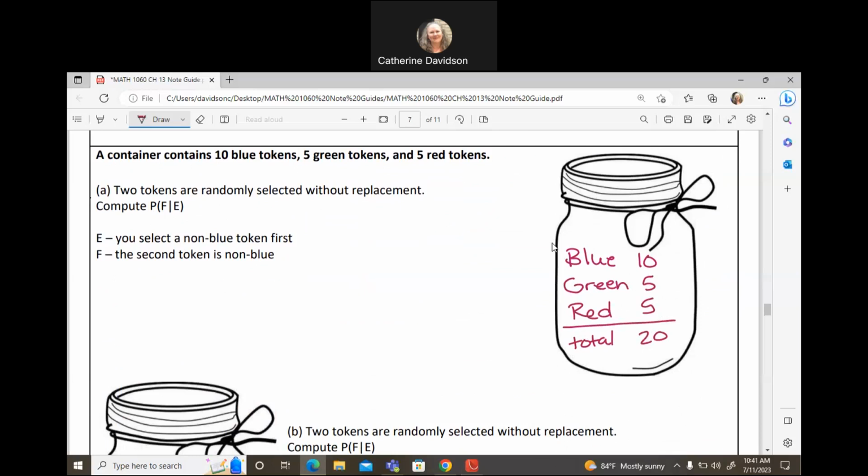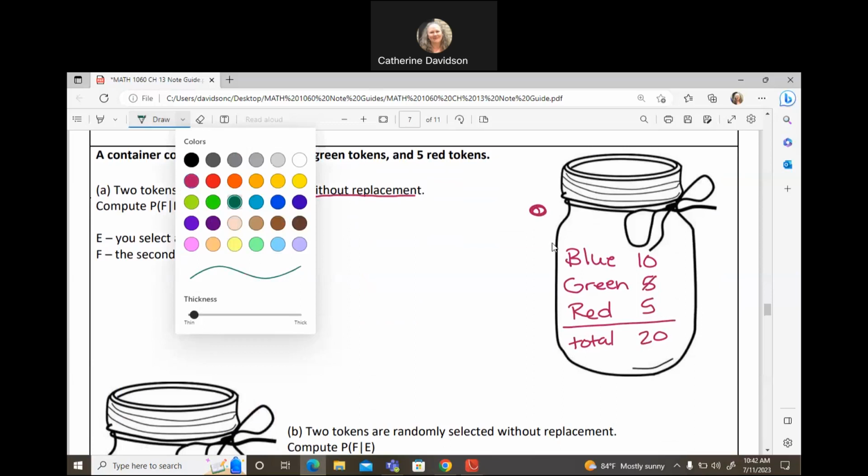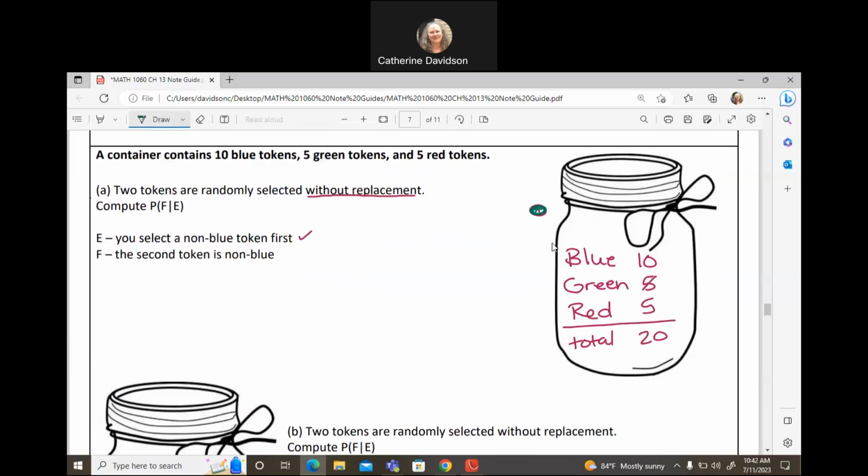All right, so the probability that you select a non-blue token first. Okay, so let's just look at this. We're selecting a non-blue, so we're selecting a red or a green, and this is without replacement. So say we select a green, we pull that out. It's green.